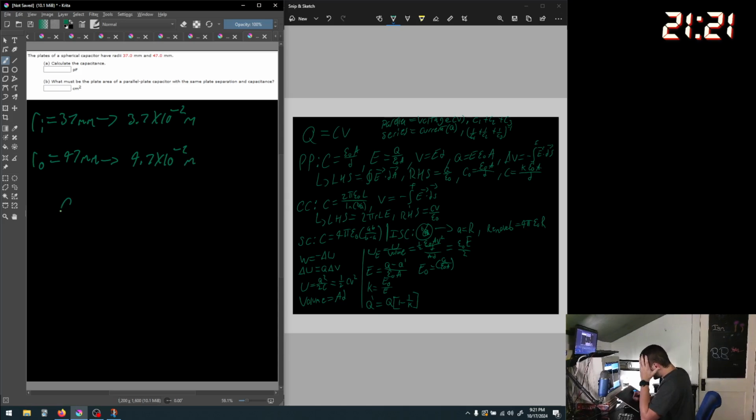And C is going to be equal to 4 pi epsilon 0 AB over B minus A. So for this, it's going to be 4 pi times 8.85 times 10 to the negative 12 times AB, which is 3.7 times 4.7, over 4.7 minus 3.7.